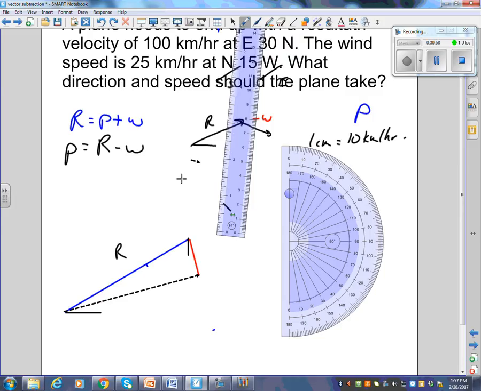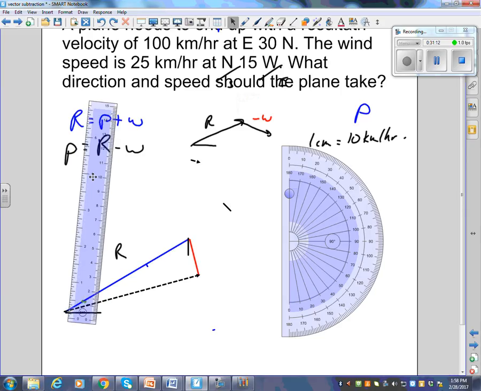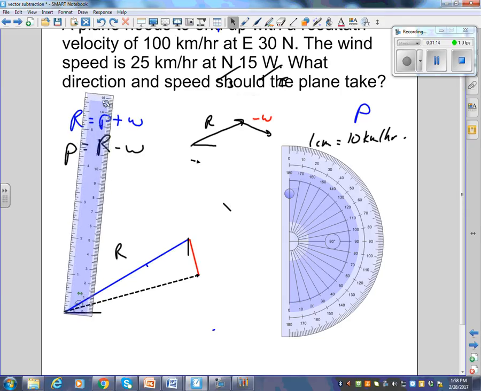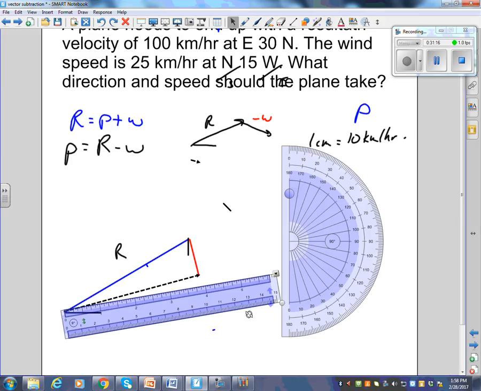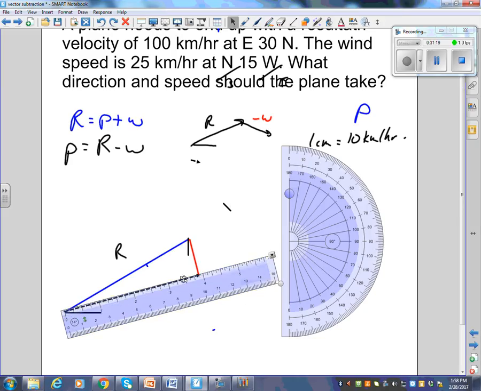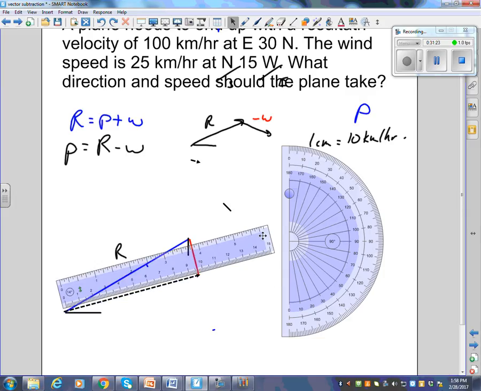What's wrong with that? It looks like it, but that doesn't mean it is. I mean, I look like a nice, friendly guy. So how am I going to find it? You're going to have to actually measure, exactly. You're going to have to get your protractor and ruler out.